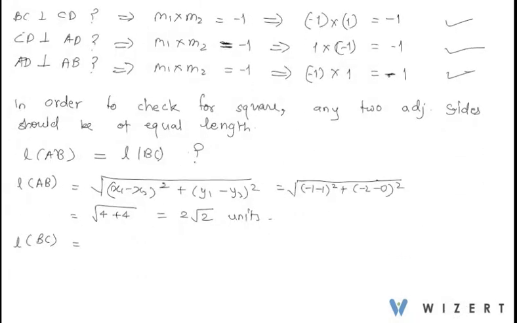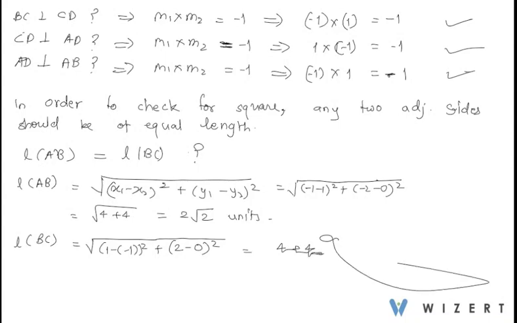So that is under root of (1 - (-1)) whole square plus (2 - 0) whole square. That is 2 square, so again this is 4 plus 4 under root, so 2 root 2 units.